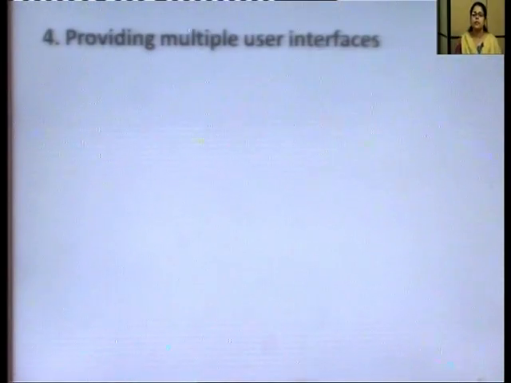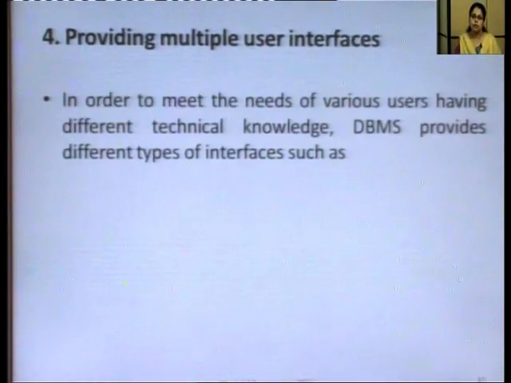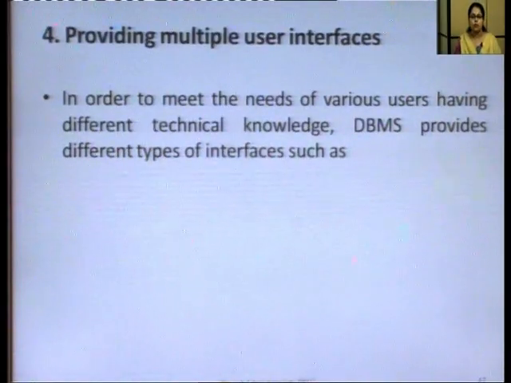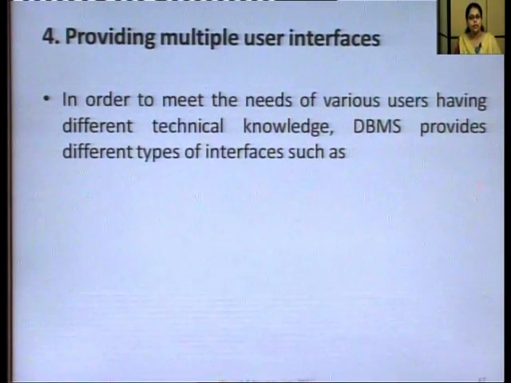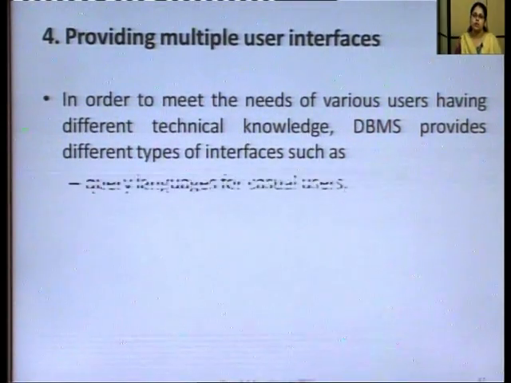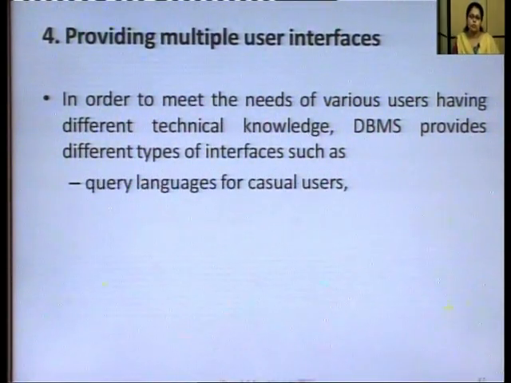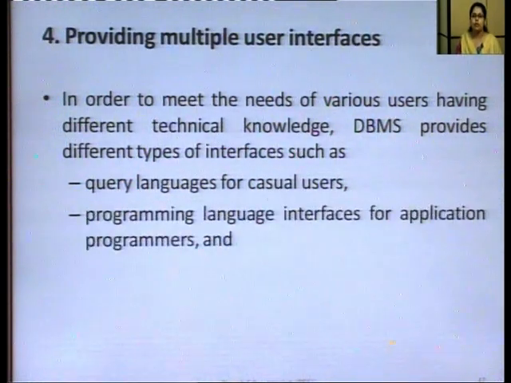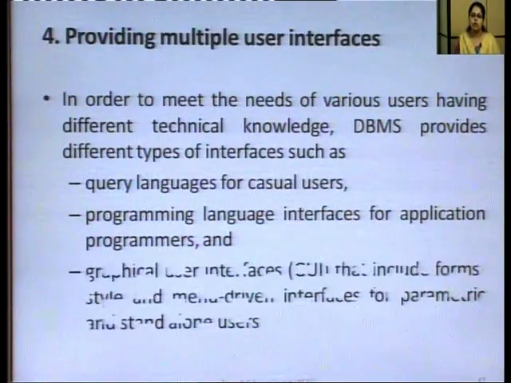Providing multiple user interfaces. In order to meet the needs of various users having different technical knowledge, DBMS provides different types of interfaces. We will discuss the various types of DBMS users later. For casual users, query languages are created. For application programmers, programming language interfaces are created.